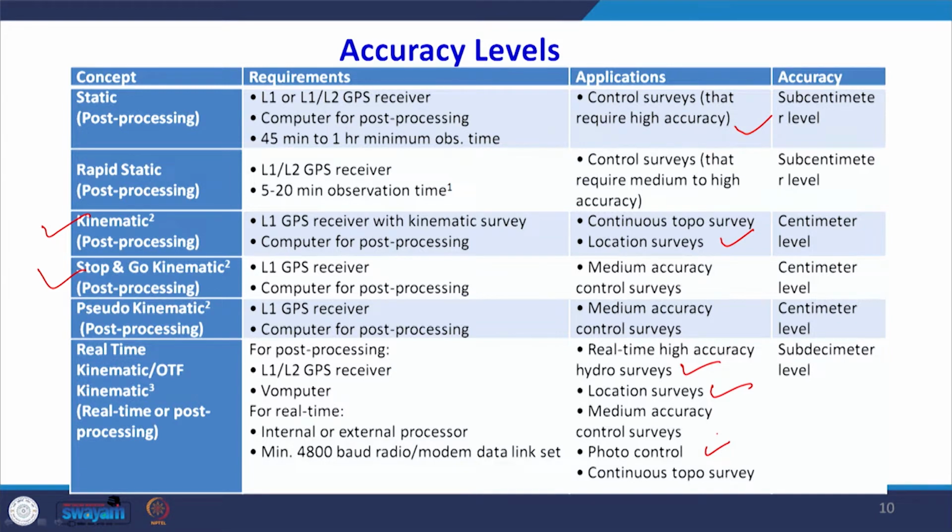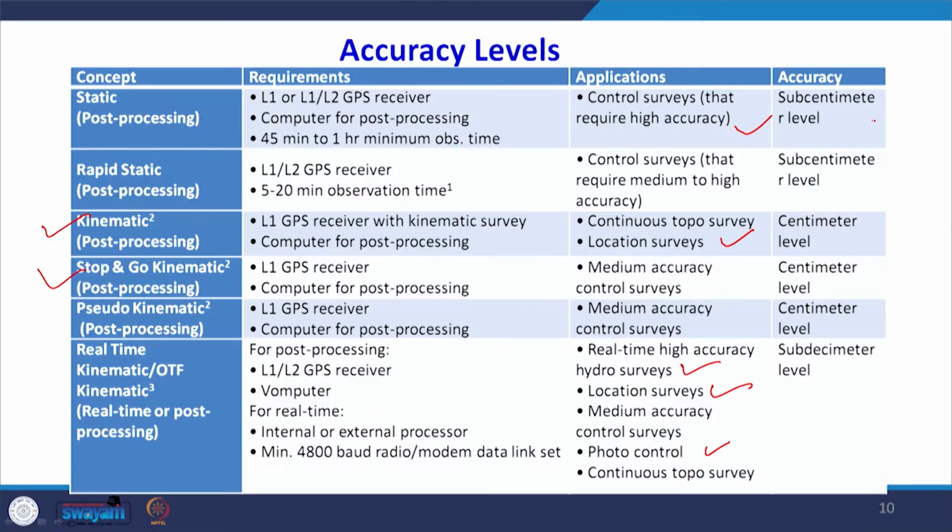As far as the accuracy level is concerned, we can get sub-centimeter from the static method, the same sub-centimeter from the rapid static method, centimeter level from kinematic and from the stop and go method, and for pseudo kinematic centimeter, and sub-decimeter from real time kinematic. So, these methods are giving us quite high accuracy, which was really difficult to achieve by some other means when we are talking of GPS.